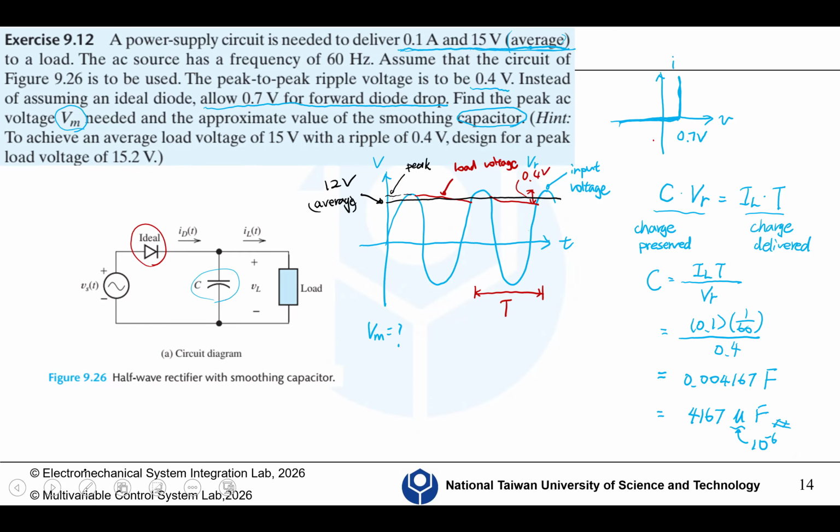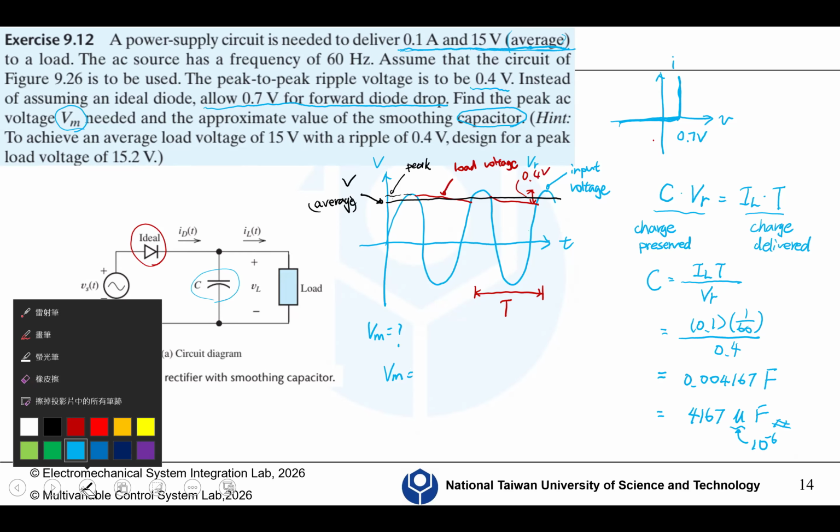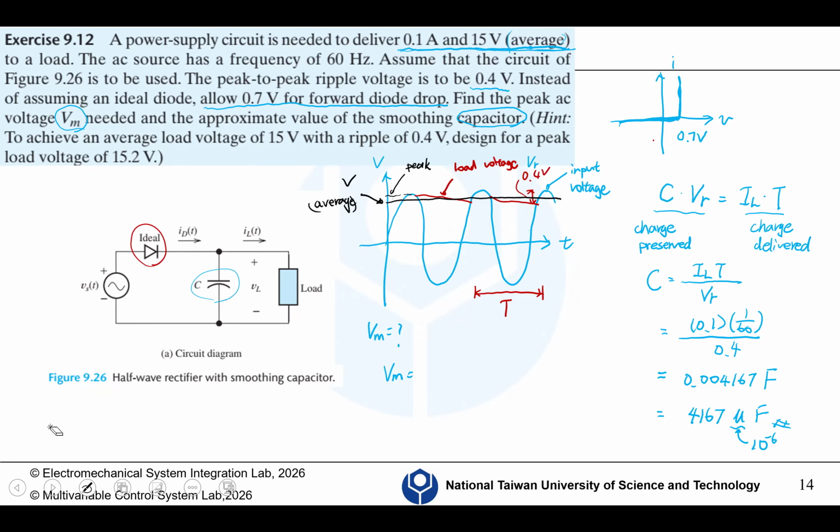We can approximate the peak Vm by 15 plus 0.2, because we assume 15 is just in between this VR.